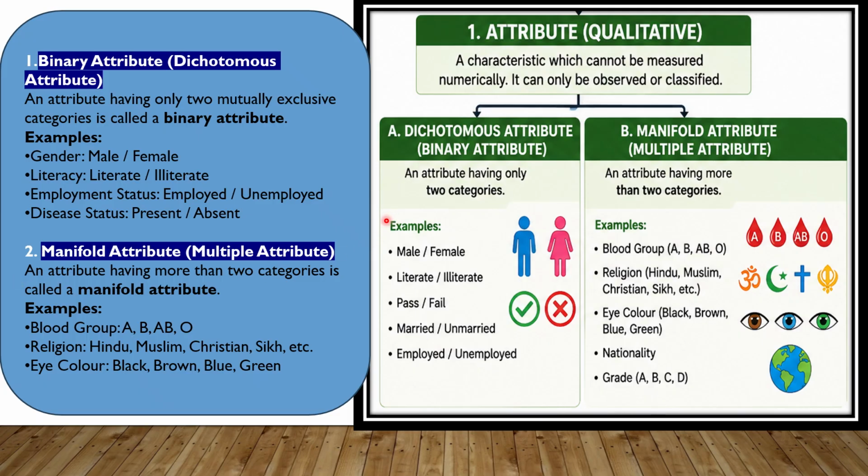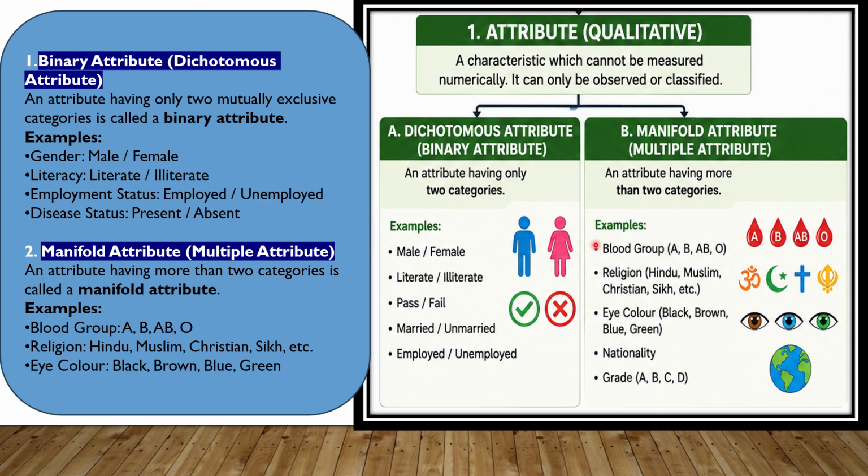A representation of examples of dichotomous and manifold attribute data is given below. So, a person can be categorized gender-wise as male or female, literate or illiterate, married or unmarried, employed or unemployed, and a student's examination result status can be classified into two types as pass or fail.